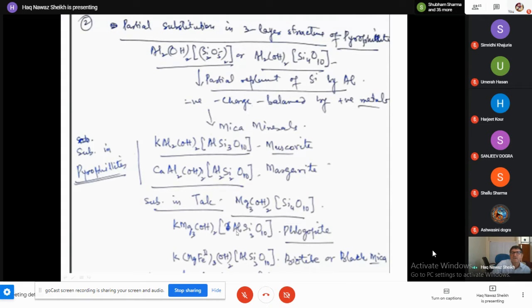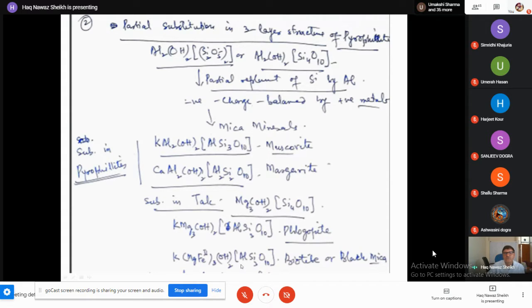And again, if you have one aluminum replacing one quarter of the silicon, or in other words, one quarter of the silicon atoms being replaced by aluminum throughout the sheet, then you have one negative charge here that is again counterbalanced by the potassium on the outside.